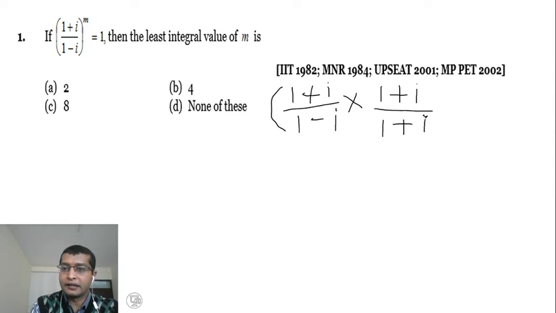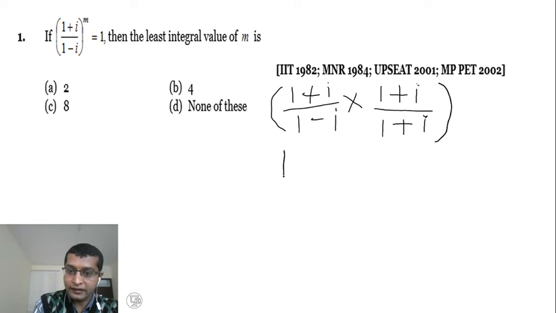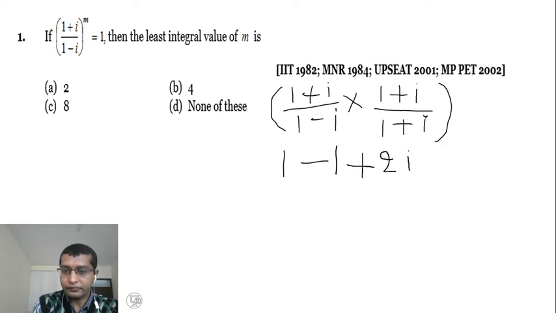The numerator is in the form of (x plus y) into (x plus y), that is (x plus y) whole square, so we have to expand it. a square, 1 square is 1, b square, i square is minus 1, plus 2ab, so we get 2i.